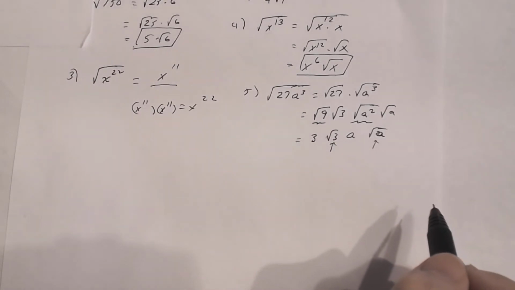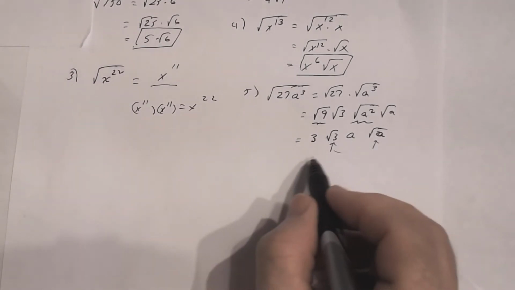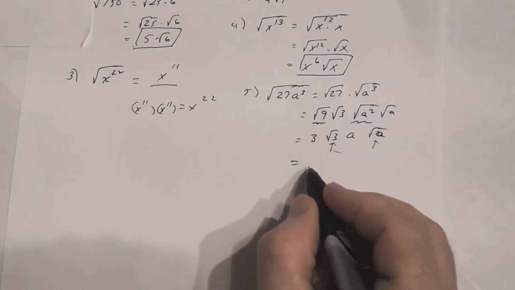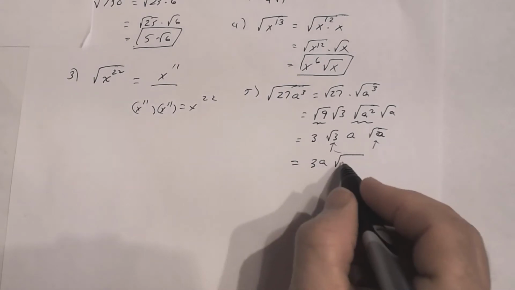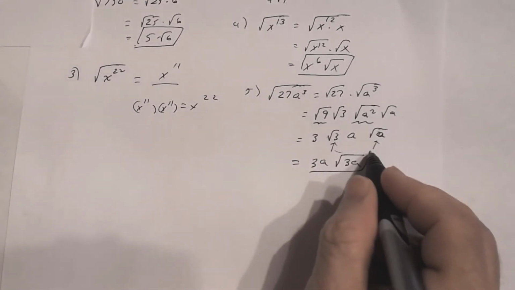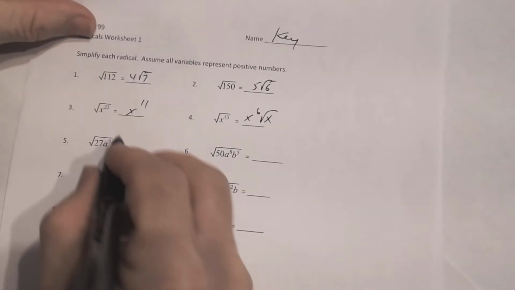You can write this as one radical, and always put the radical at the end. So we get 3 times a. Remember, all this is products, you're multiplying. So 3a times the square root of 3a. All right, so that's the answer to number 5: 3a times the square root of 3a.